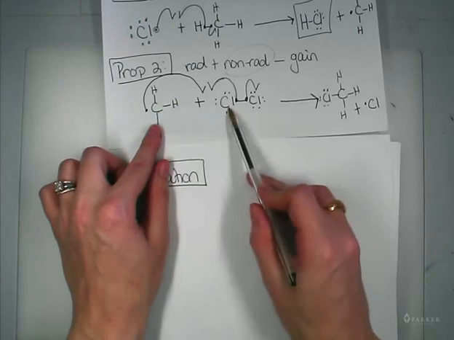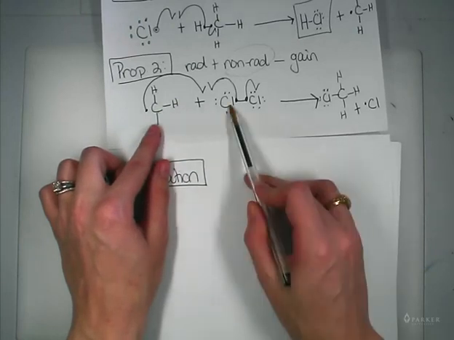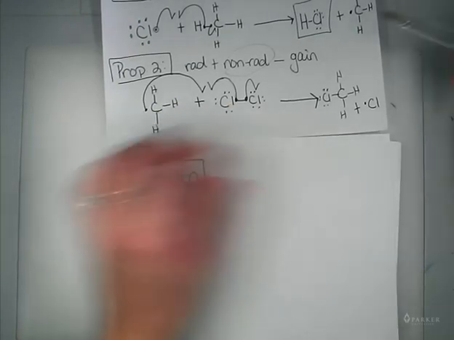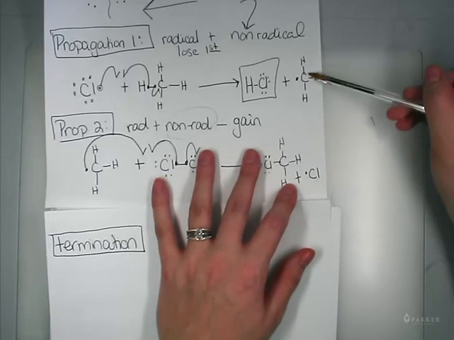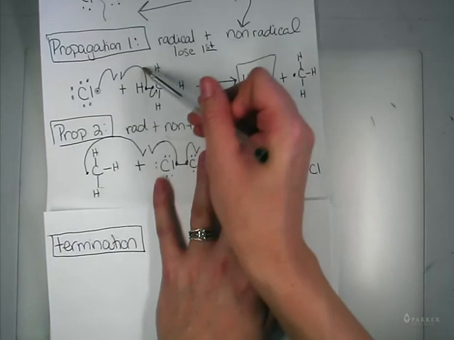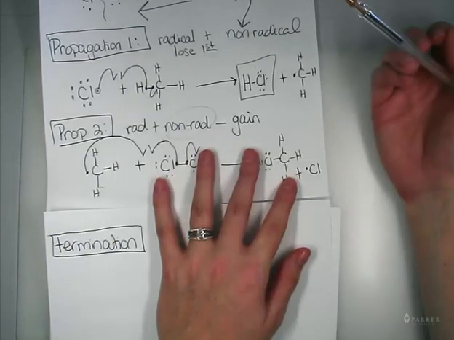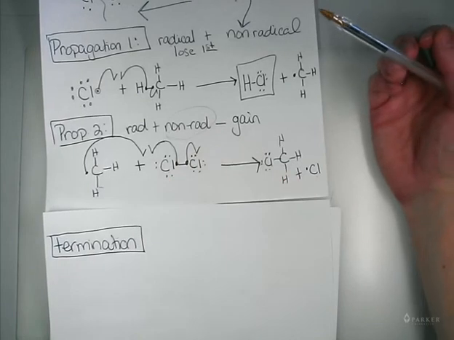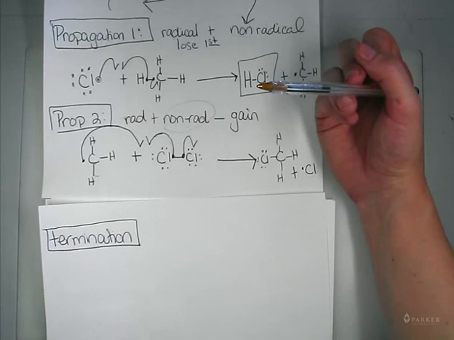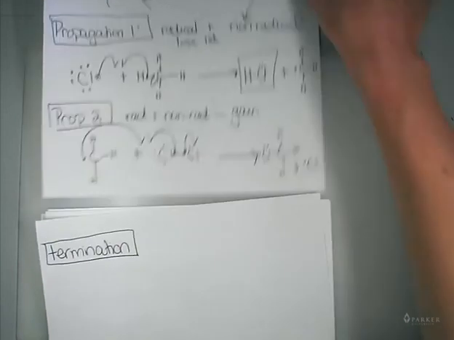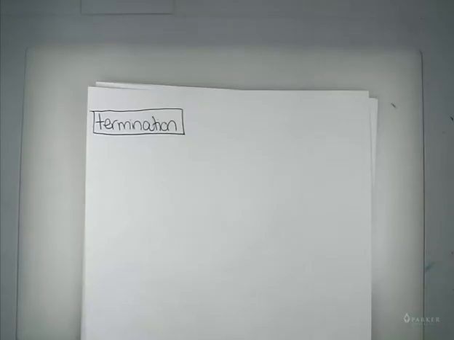When I join a radical and a non-radical, so in a propagation, do you see that in both of these, propagation 1 and 2, I form a radical in the product? So I have something reactive and I create something reactive. Okay? So termination, we're going to actually create something stable. Okay? So there's different choices here.